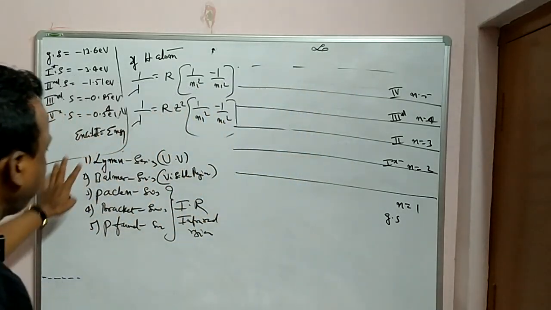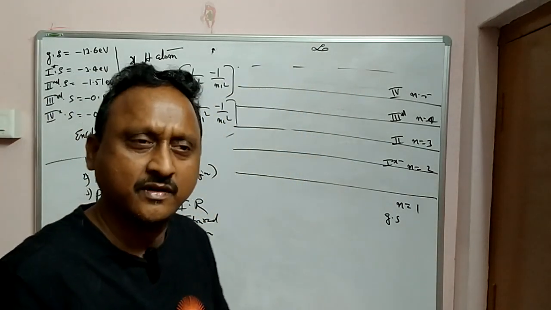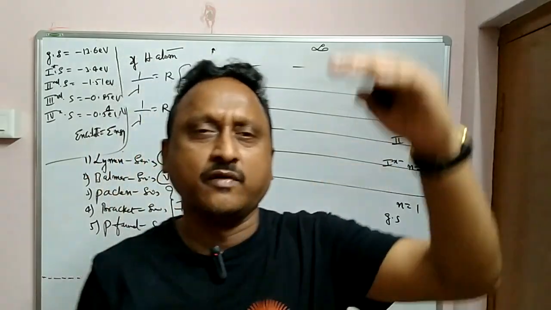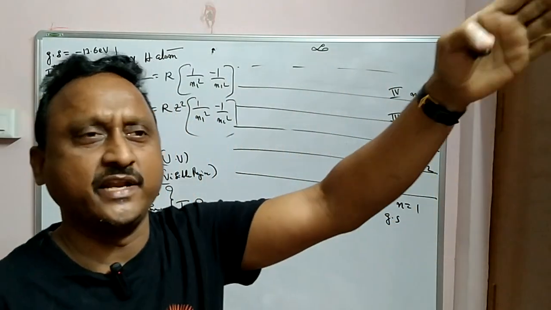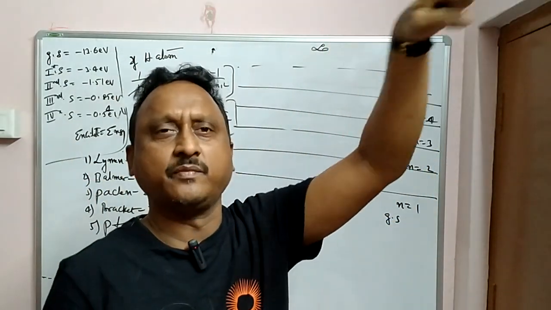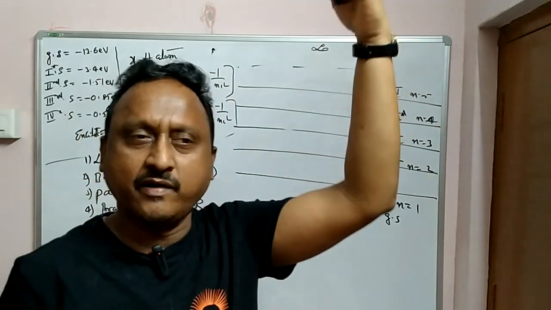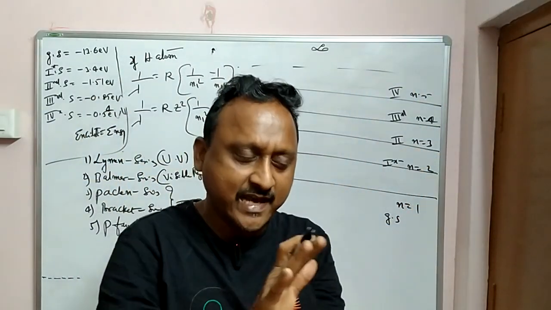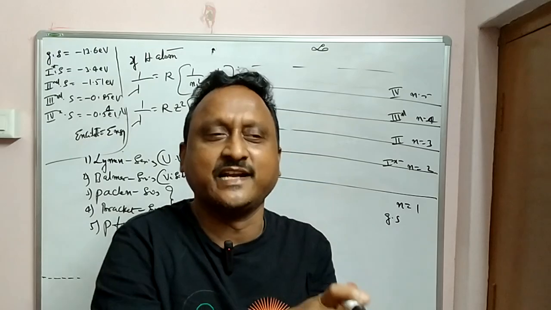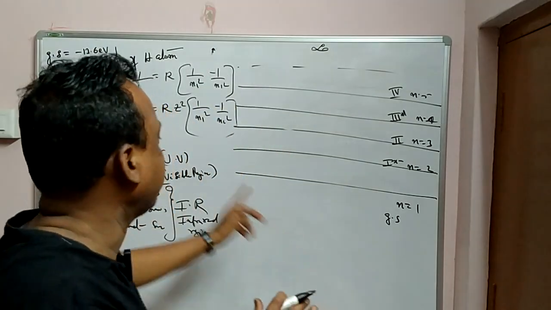Now these 5 scientists, they have decided themselves. What they have decided is, from whichever orbit the line is coming, from infinity or 7th orbit or 11th orbit or whatever, it has to reach the first state, that is the ground state. That they have decided, Lyman.